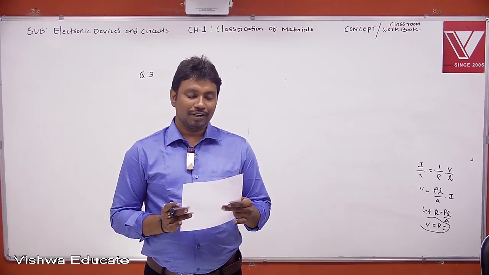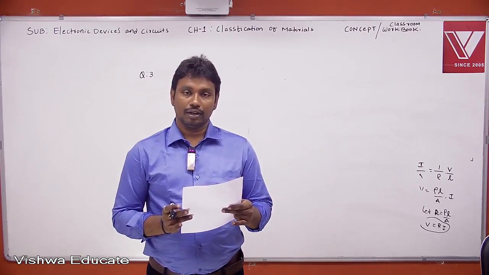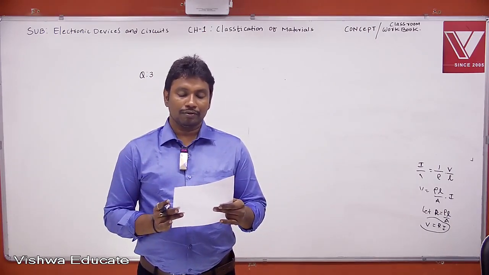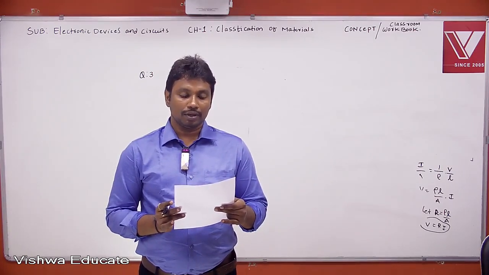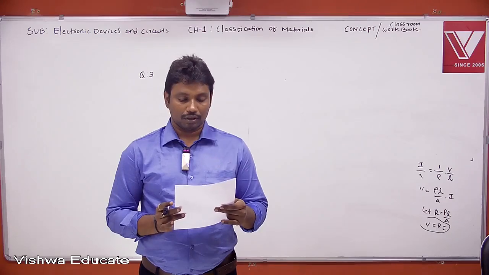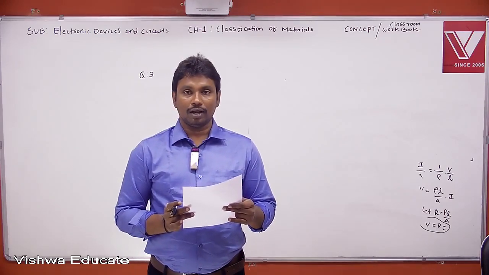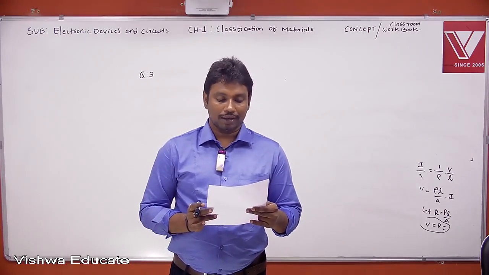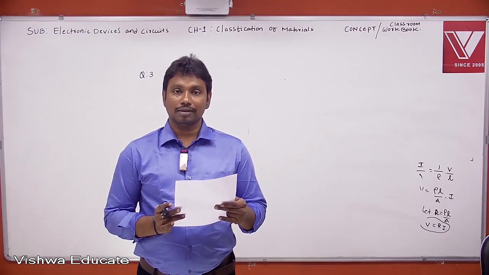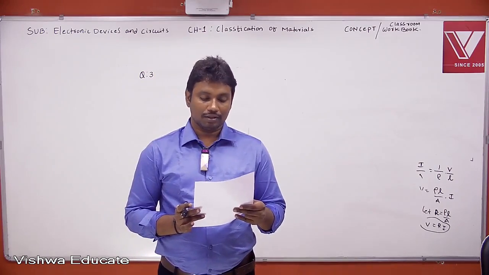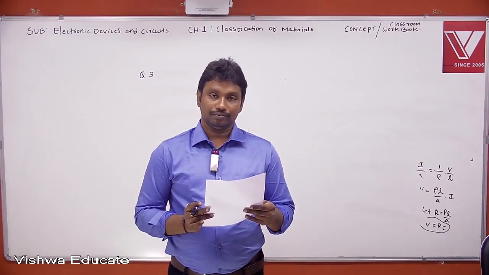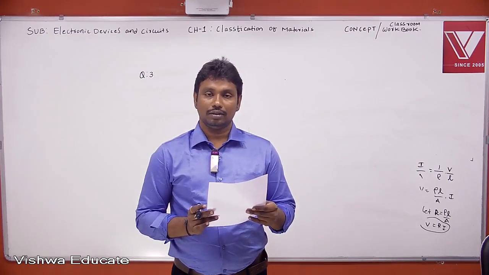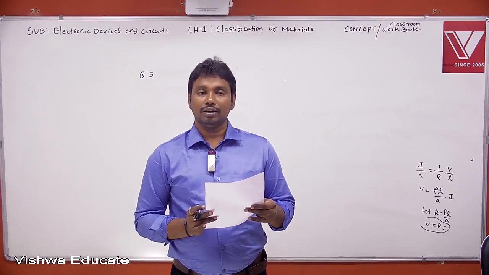If the concentration of free electrons in the copper wire is 8.4 into 10 power 28 per meter cube, and a current of 2 ampere is passing through the wire, calculate: first bit, conductivity; second bit, mobility; third bit, drift velocity.